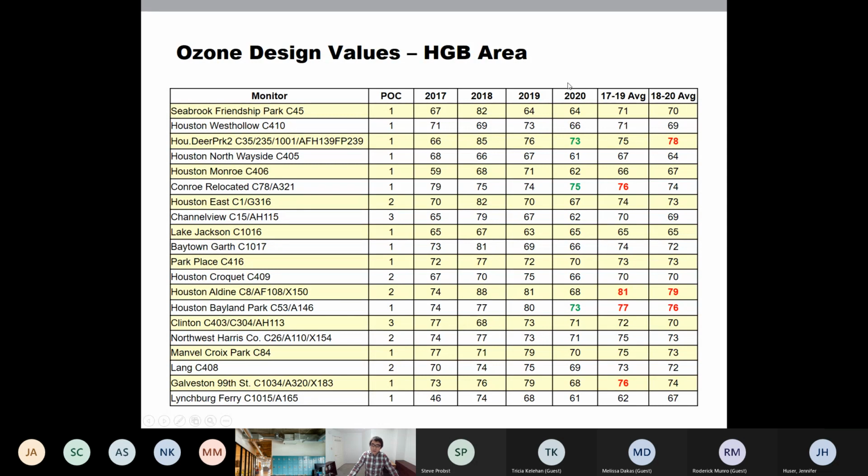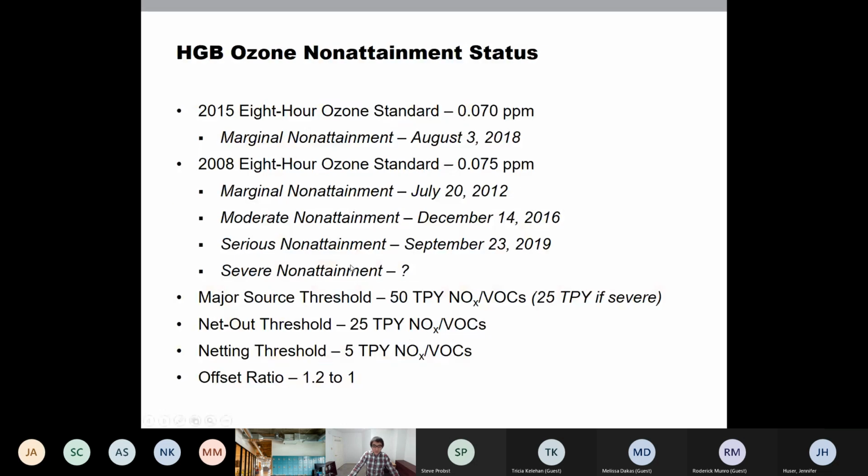Even though the 18 to 20 3-year average is still non-attainment, if next year we drop the year 2018, looking at the 19 to 21 average, we might be looking at pretty good air quality, and maybe we have a chance of not going into the severe non-attainment.